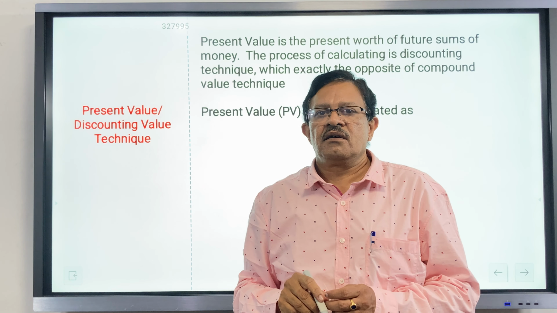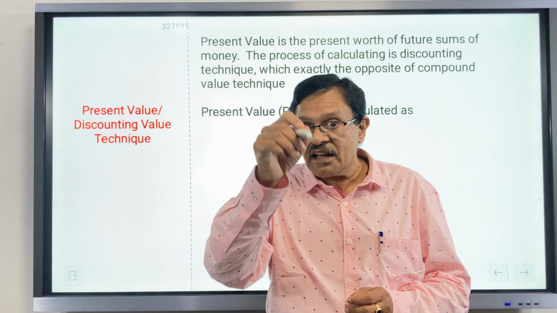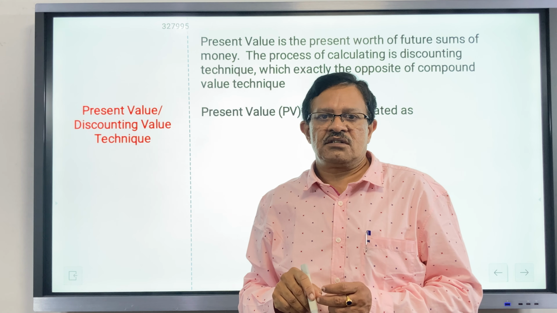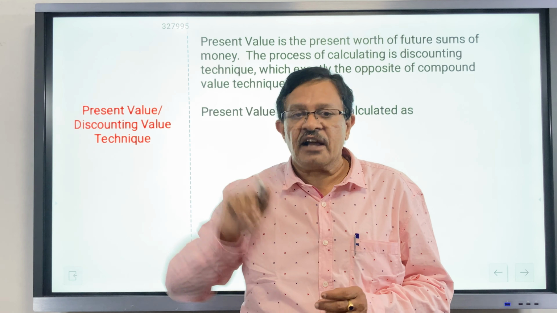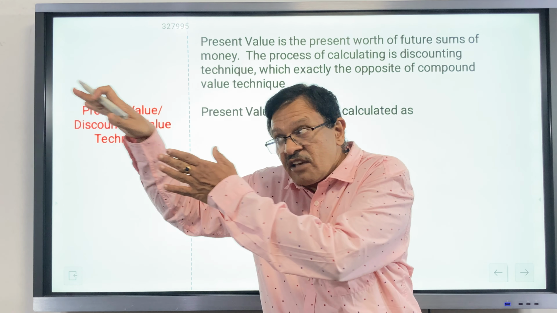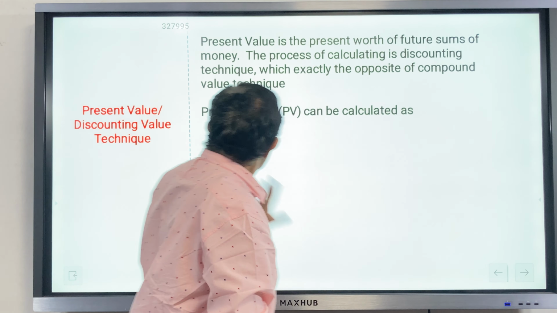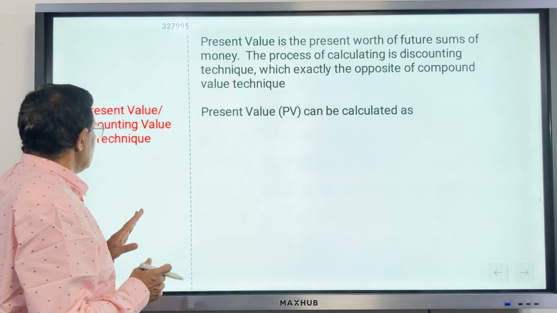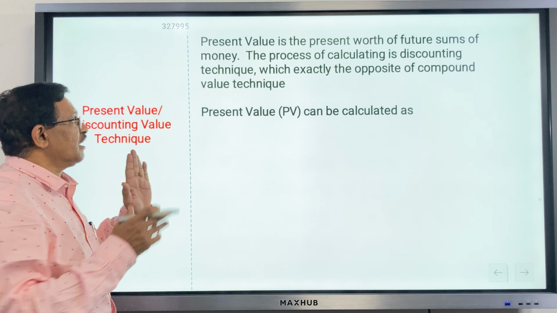And the concept or the technique or the process with which we will be in a position to find out the present value given the future value is known as the present value technique or the discounting value technique.